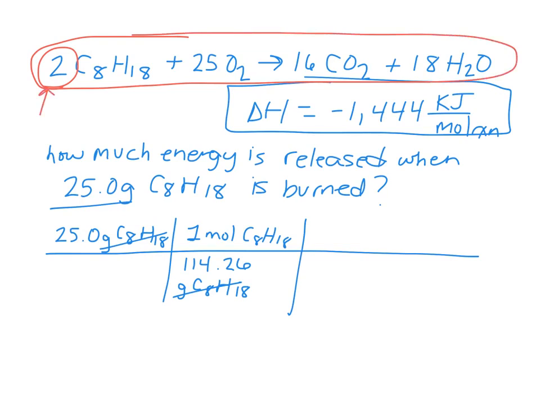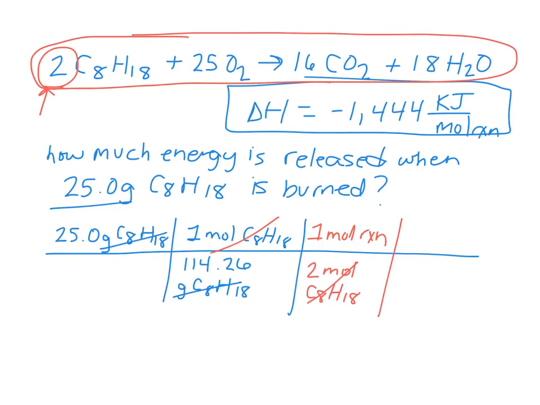I get that number from the coefficient. So I get 2 moles of octane for every 1 mole of reaction. That cancels out my units of moles of octane and gives me moles of reaction.